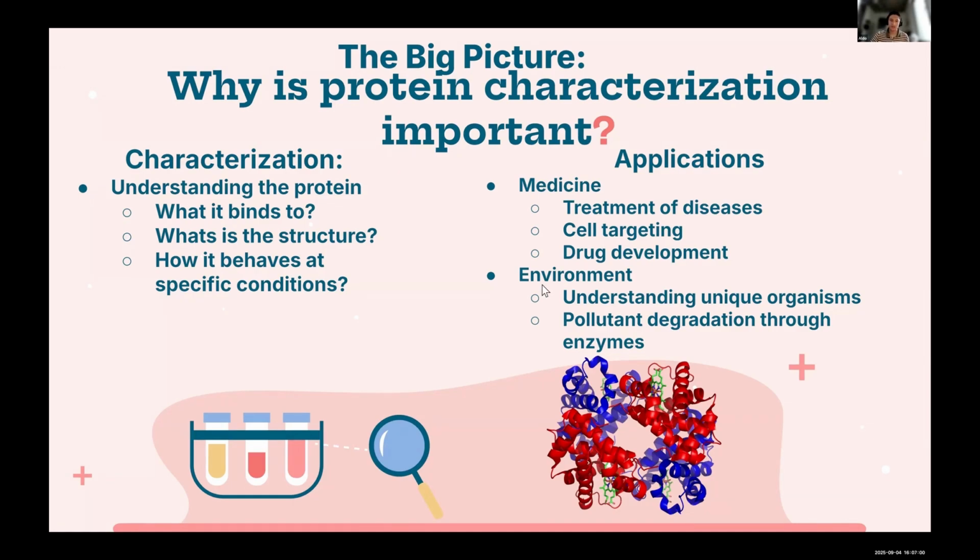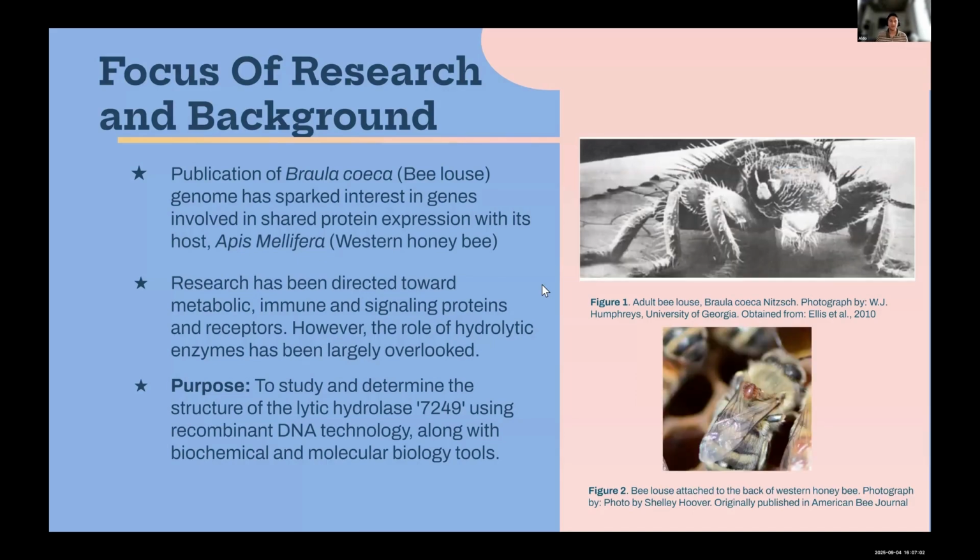So just to provide a little more background, the publication of the Braula coeca, or BLAU, genome has sparked interest in genes involving shared protein expression with its host, the Apis mellifera, also known as the Western honeybee.